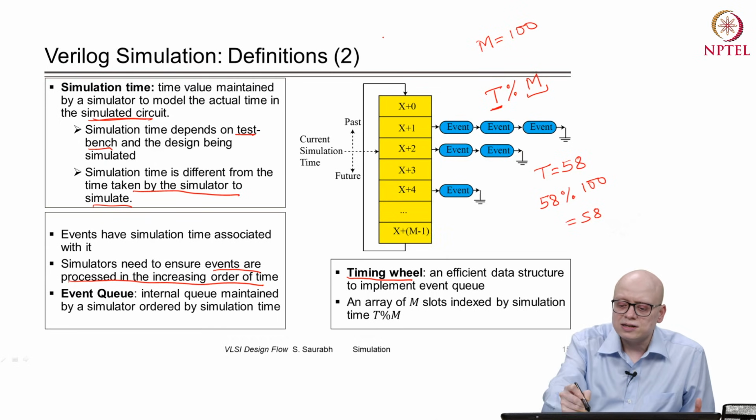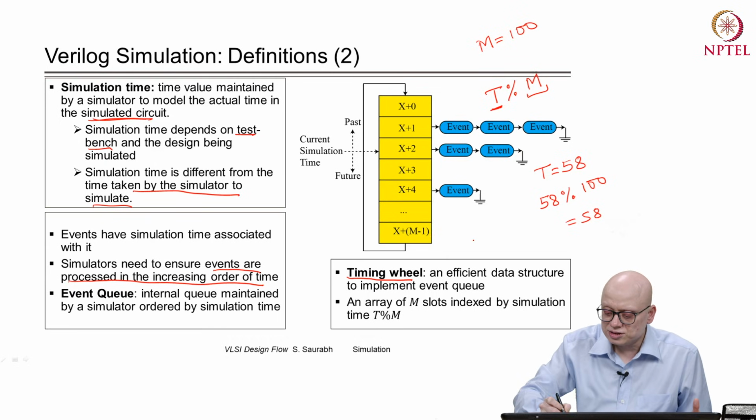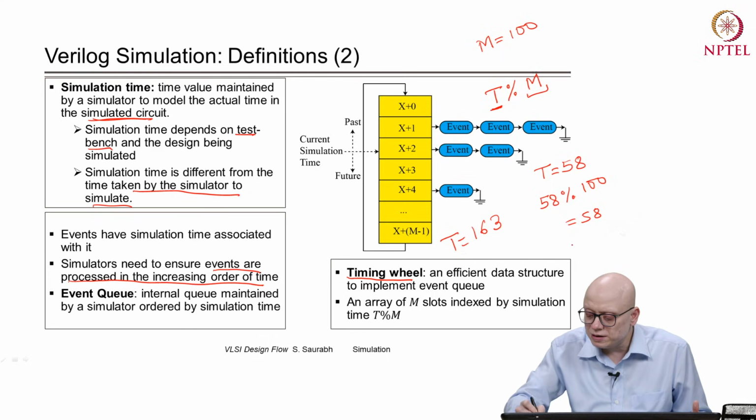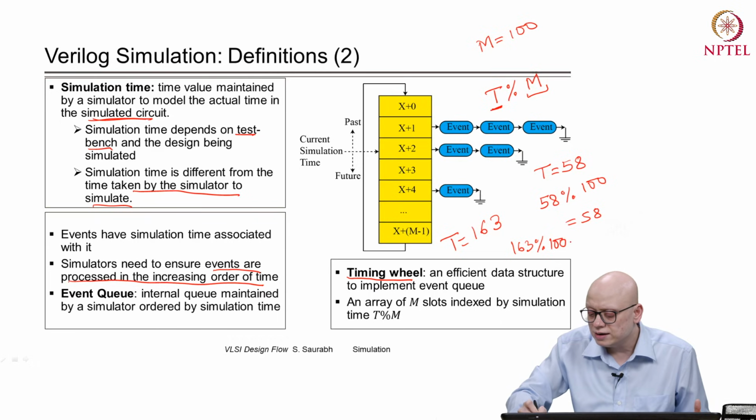Similarly, suppose there is another simulation time t equal to say 163. Now, where will this simulation time map to in the timing wheel? It will be 163 % 100, or modulo division by 100, and it will map to the timing slot 63.